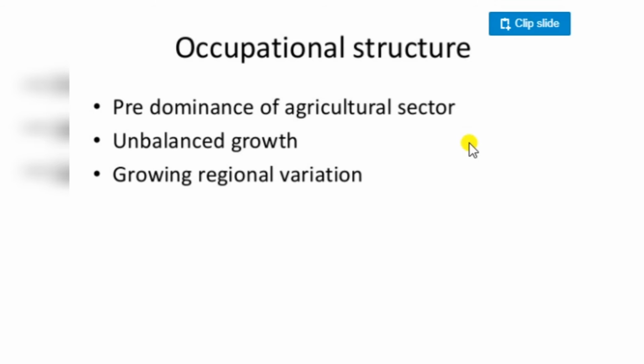There was a striking aspect of growing regional variations. Areas such as the Madras Presidency, comprising present-day Tamil Nadu, Andhra Pradesh, etc., Bombay and Bengal witnessed a decline in the dependence of the workforce on agriculture, with an increase in the manufacturing and service sectors. So there were some imbalances in the economy, and unbalanced growth is clearly visible.